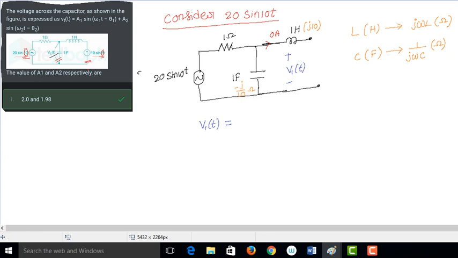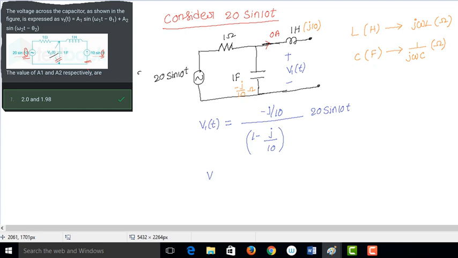Tell me this value now, V1 of t, where we can apply voltage division. This is minus j by 10 over 1 minus j by 10, into 20 sine 10t.